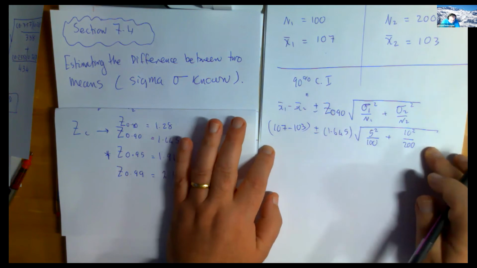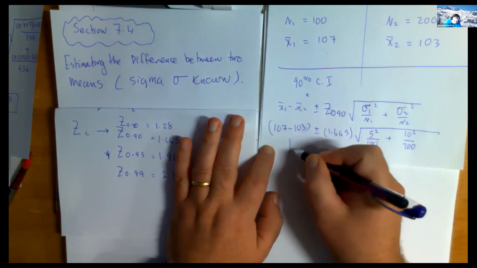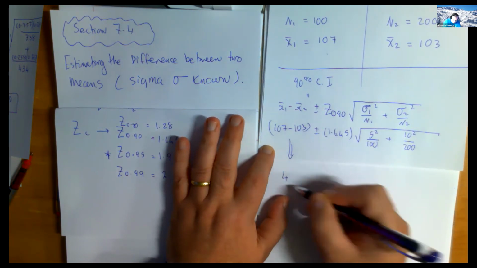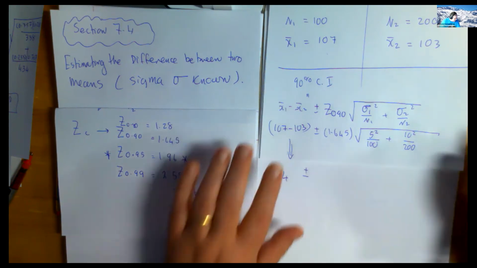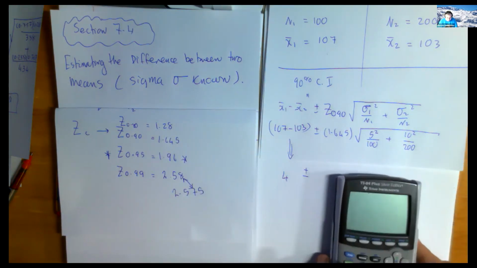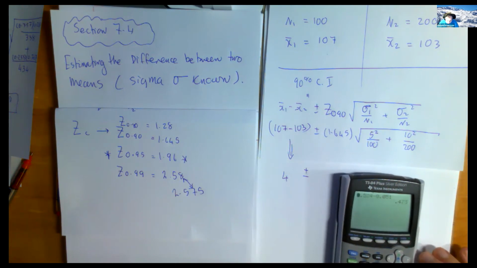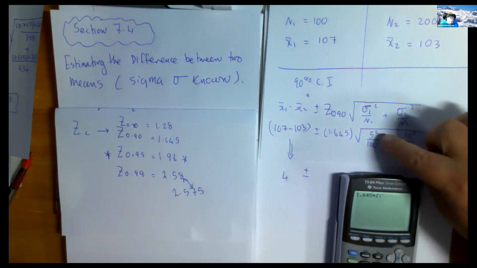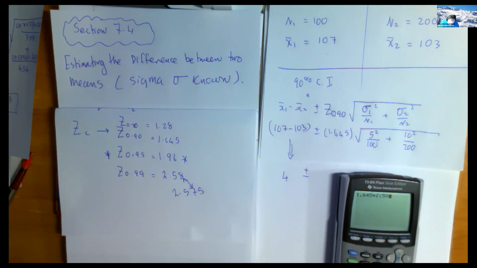Now, this is a little bit messy, but here goes. That there is 4, plus or minus 1.645 times the square root of 5 squared over 100 add 10 squared divided by 200. Do you see that the calculator actually will cope with this?